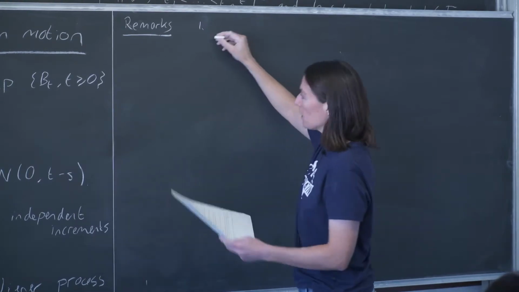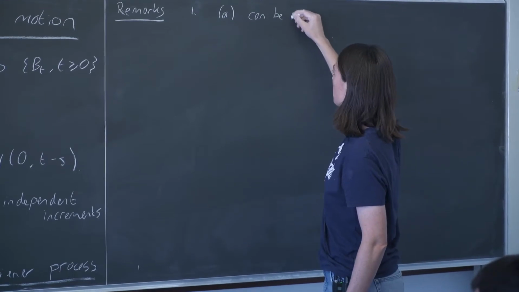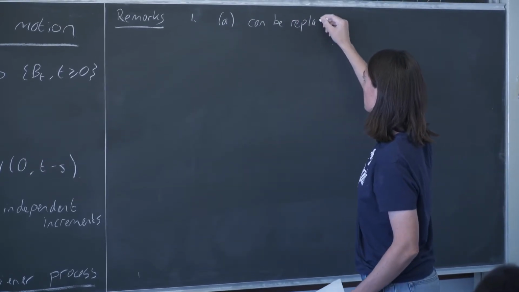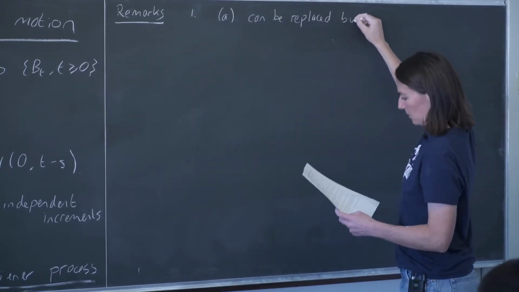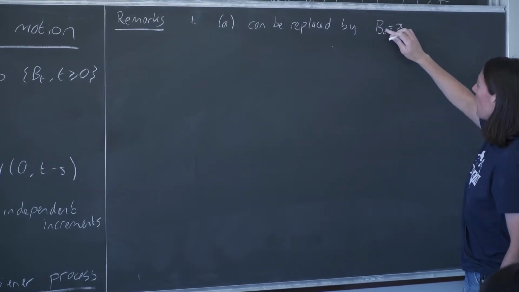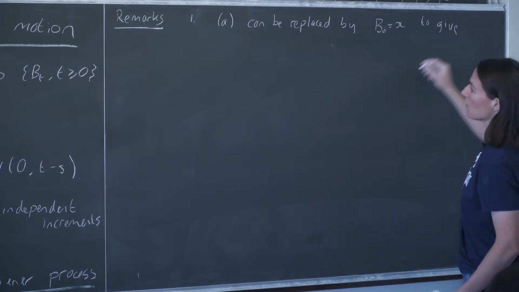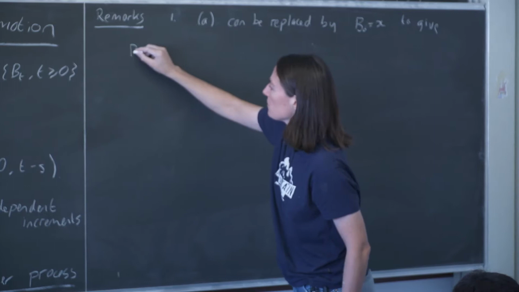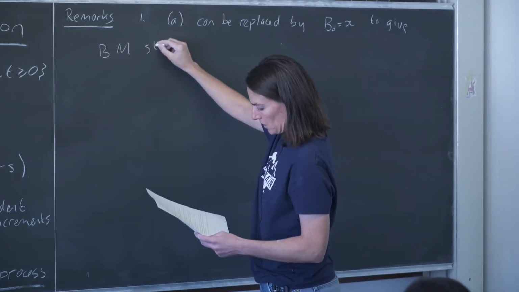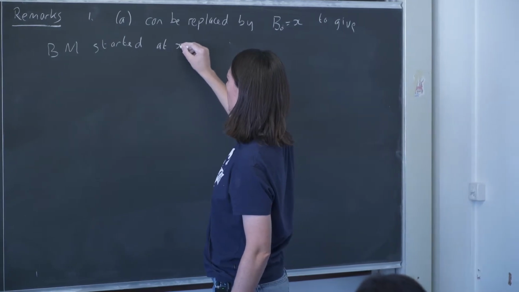One is that (a) can be replaced by B_0 equal to x, to give what we call Brownian motion started at x.